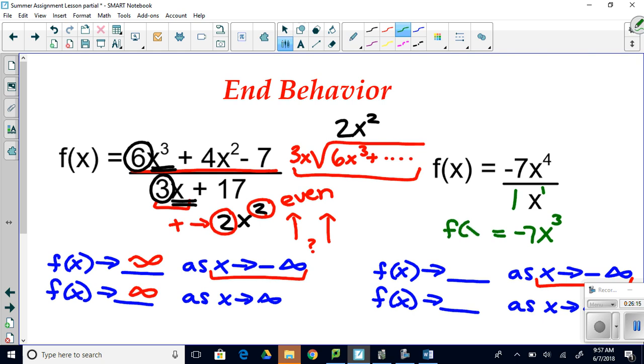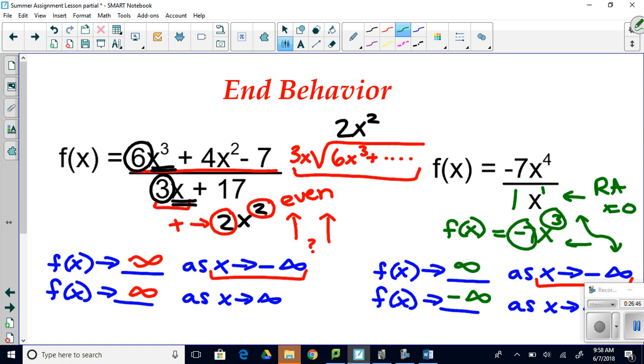So this is in fact equal, other than this one has a removable discontinuity at x equals 0, because I was able to remove it to rewrite that as y equals -7x cubed. So anyway, this is negative and it's odd, so we know it's going to look sort of like that. And so therefore, the left-hand side is going up and the right-hand side is going down.